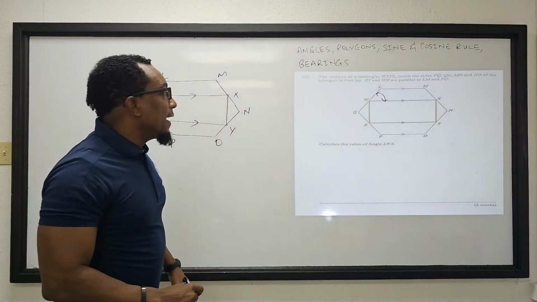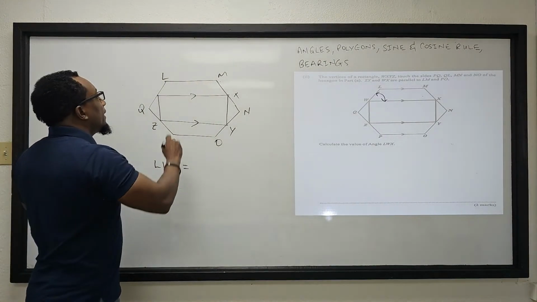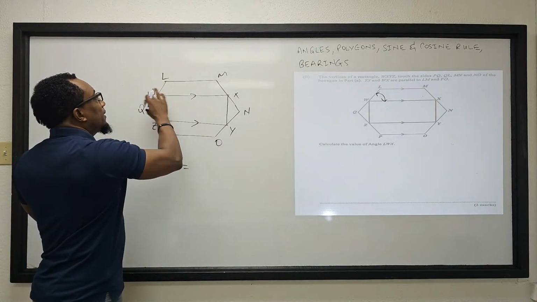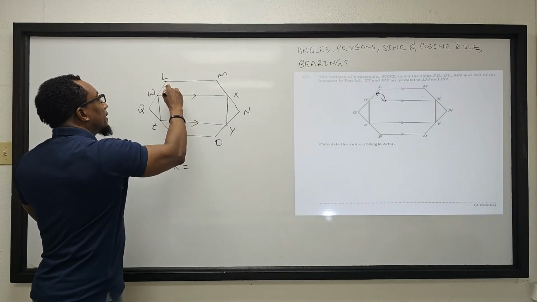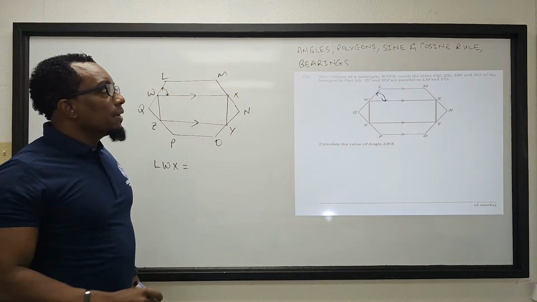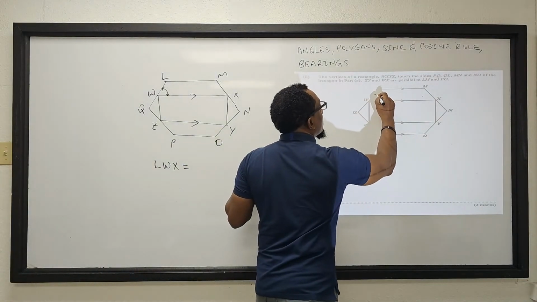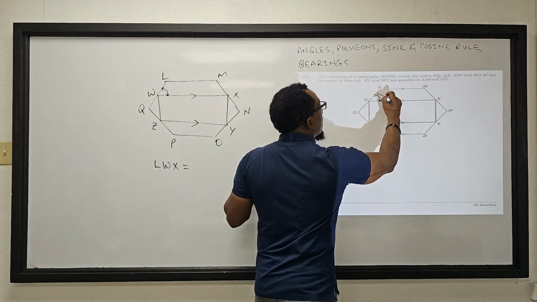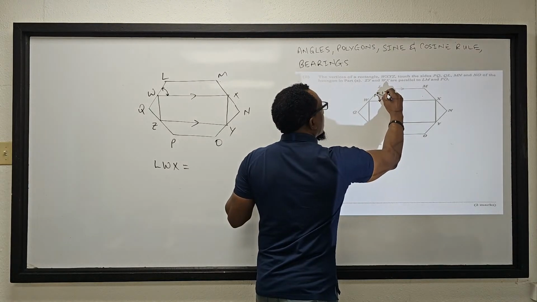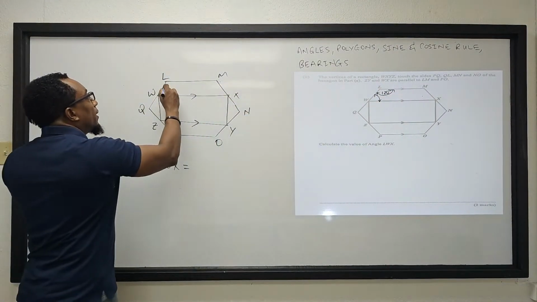And they want me to find angle LWX. That angle is where? Here. This is W, right? LWX. So this is the angle I'm looking at here. I want to find this angle. We just work out all the interior angles of this polygon, you know. We got this angle here to be 120 degrees. This angle here is 120 degrees.